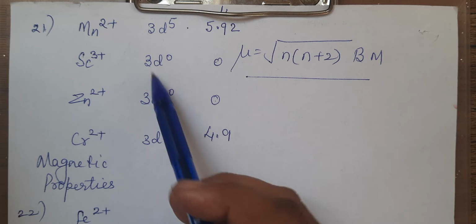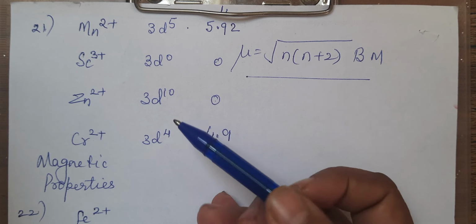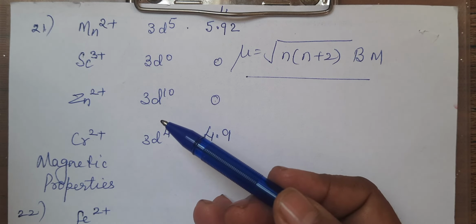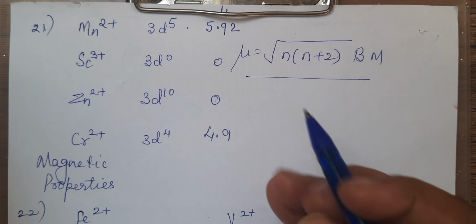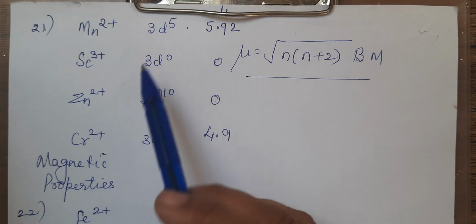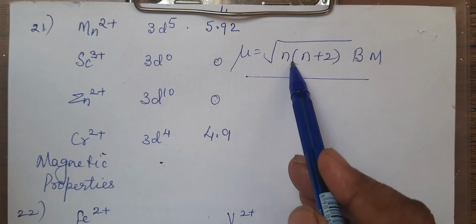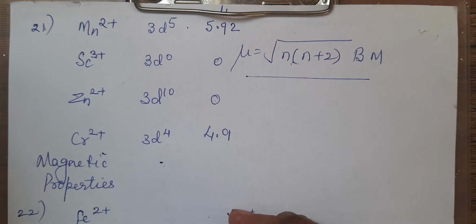Any species, I've written only 4 examples, but you can be asked any species. You will write the configuration of the atom first, remove the electrons from the valence shell first, and then write down their configurations in the ionic state. Then you see how many unpaired electrons they have. Just put the unpaired electron count here and then find out whether they are para or diamagnetic.